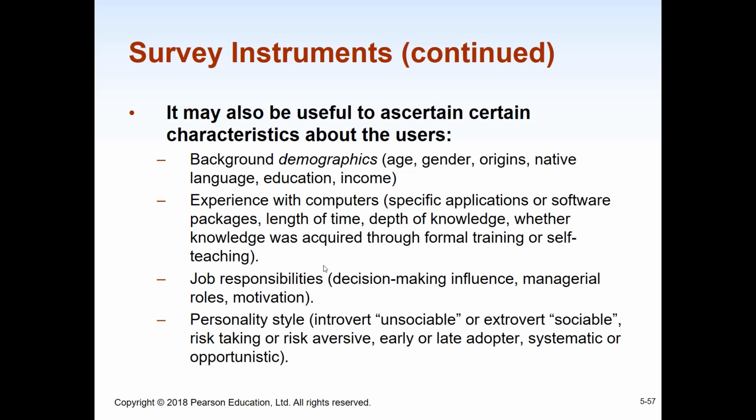We need to consider the background, or in other words, demographics: age, gender, origins, native language, education, income, etc. That we think might be relevant, or might affect or be affected by that interface, or by the responses to our questions, so that we can utilize these demographic backgrounds in our analysis.